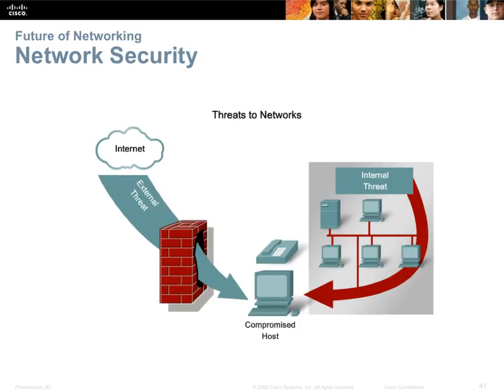Last but not least, we talked about security. We need to secure the traffic that is coming to our network. We need to secure the workstations, the information that they store, the information that they exchange. So Ethernet needs to be secure. Our switches need to be secure. Our routers need to be secure. And our information stored on these machines needs to be secure.